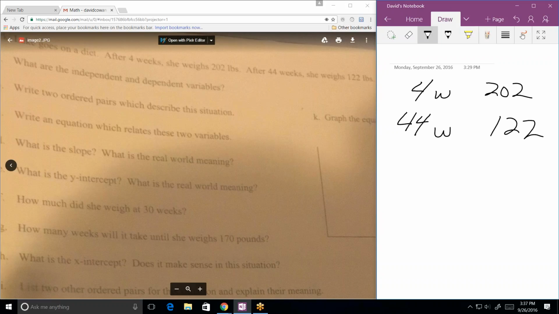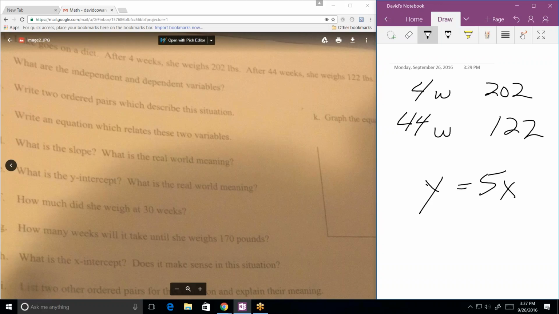What's the independent variable? The independent variable is the weeks. Yeah, what's the dependent variable? Weight. Yes. And that can be a little tricky. I'm always a little bit confused myself. If I tell you y is equal to 5x, well, x is the independent variable, y is the dependent variable.